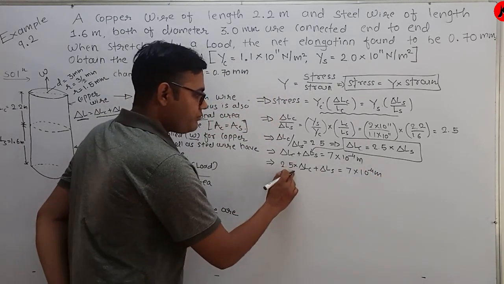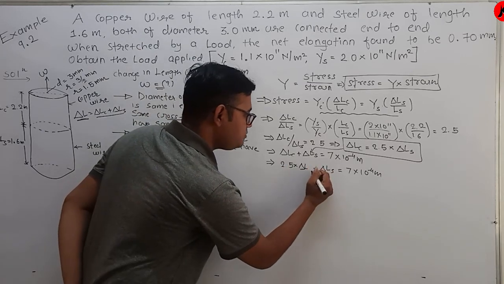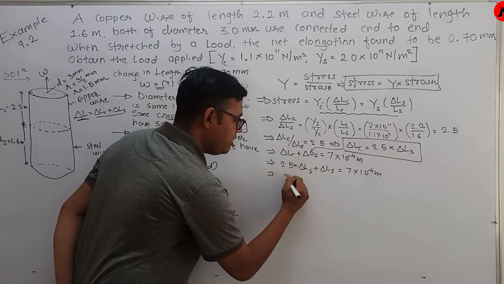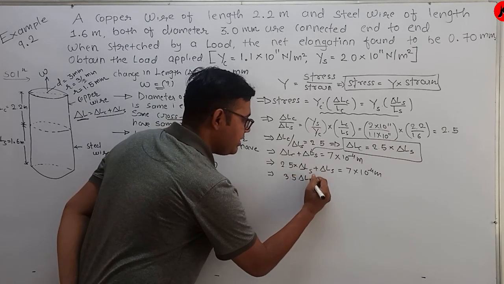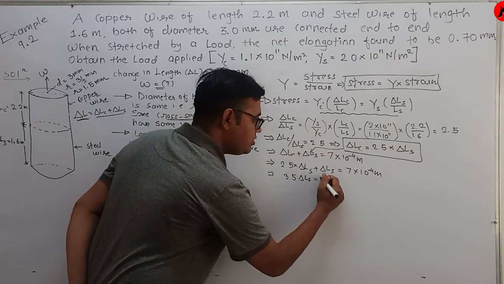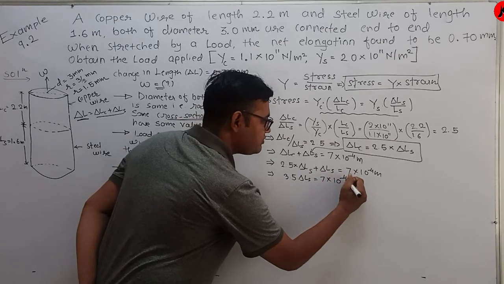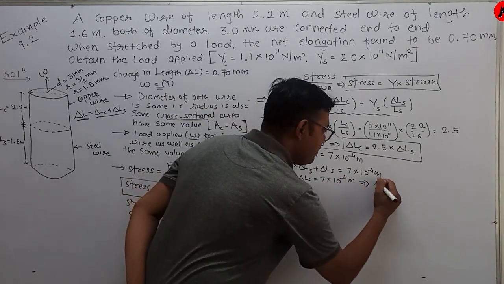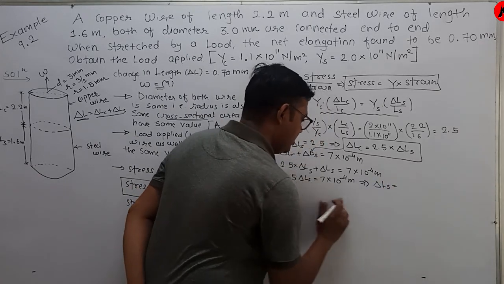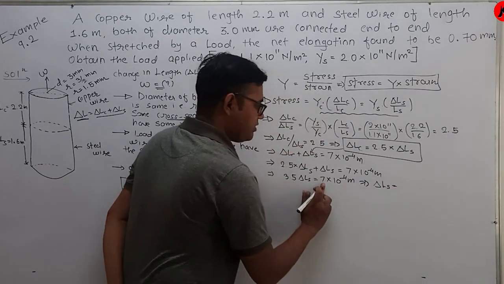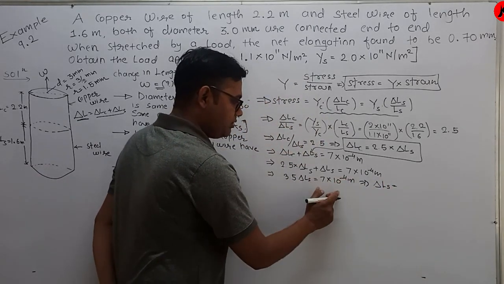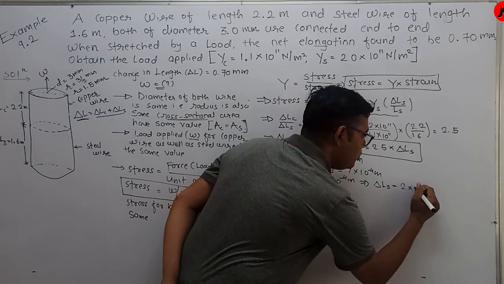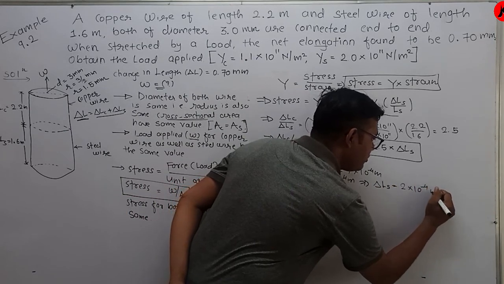So from this we have 3.5 delta LS equal to 7 into 10 raised to minus 4 meter, and from this we can find the value of delta LS equal to 7 into 10 raised to minus 4 divided by 3.5, which is equal to 2 into 10 raised to minus 4 meter.